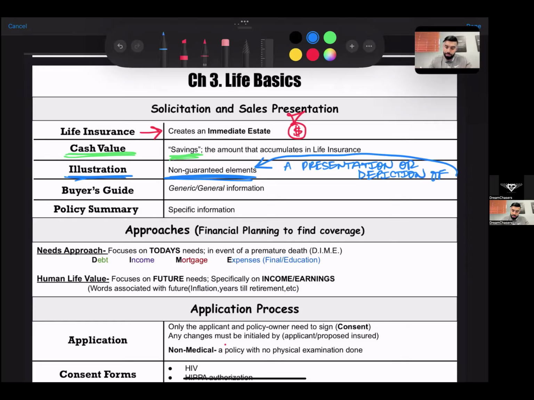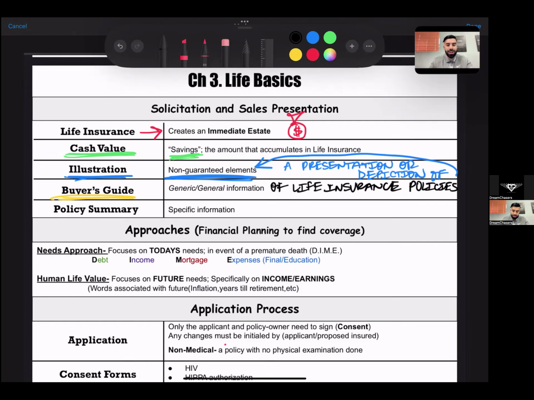Okay. Next is a buyer's guide. So a buyer's guide is basic, generic information of different types of life insurance policies.